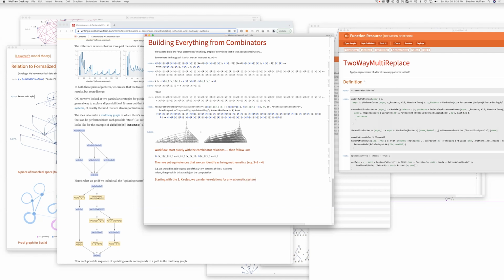Now, in a very Rulliad-like way, what gives it real content is the fact that given a particular axiom system, we can then derive an infinite number of things for that axiom system.